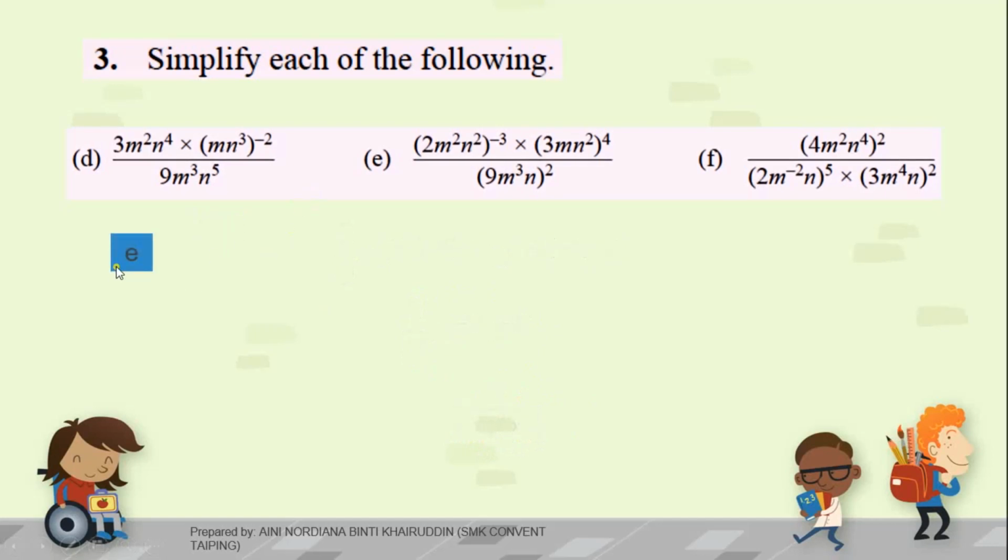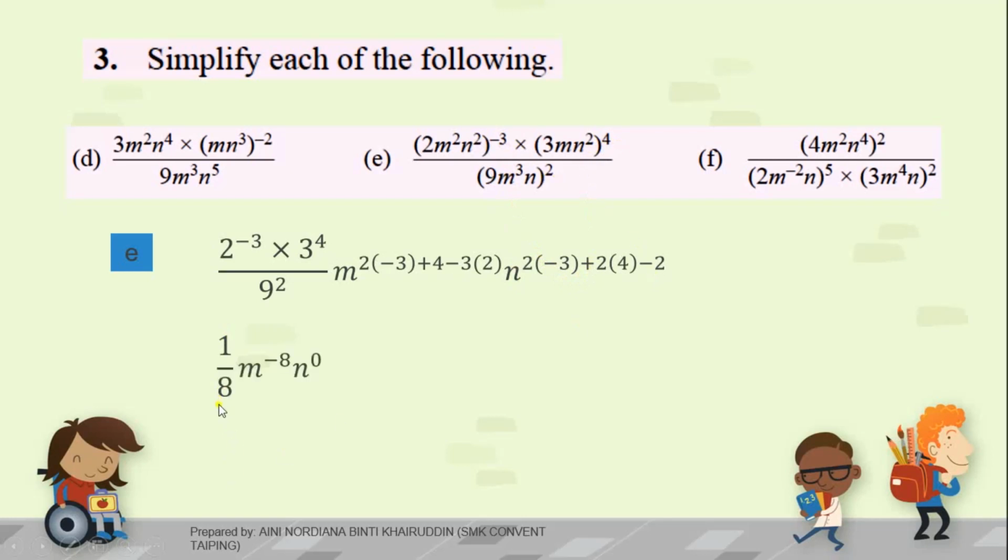For question E, 2 to the power of negative 3 times 3 to the power of 4 divided by 9 to the power of 2 m to the power of 2 times 3, 2 times negative 3 plus 1 times 4, so 4 minus 3 times 2 n to the power of 2 times negative 3 plus 2 times 4 minus 2.